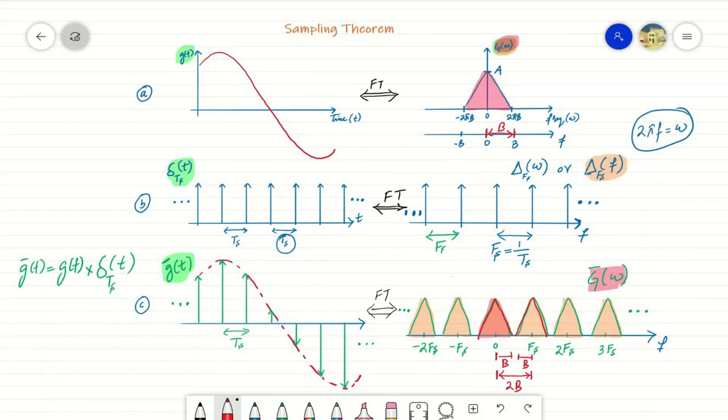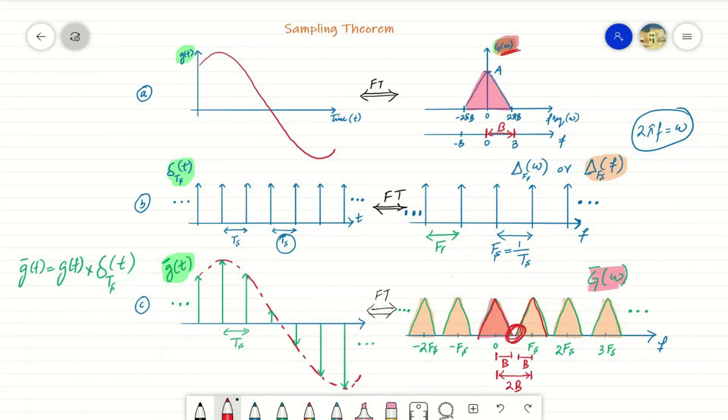Any separation less than 2B Hz will cause overlapping between the tails of these adjacent representations of the same signal g of omega. That will restrict us from reconstructing the original g of omega signal from g bar of omega, the sampled signal.